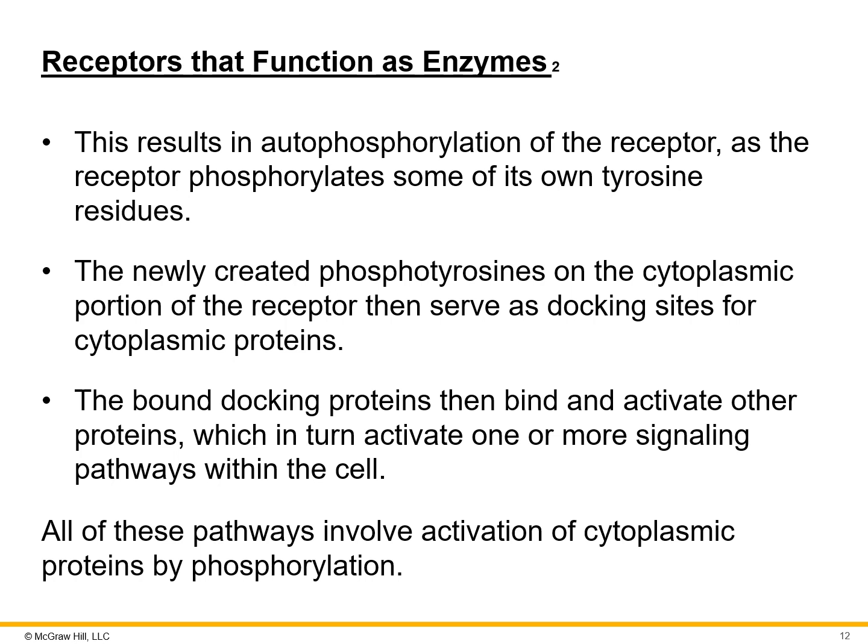Okay, so this is where that second messenger thing comes in with some of these water-soluble processes. The docking proteins then bind and activate other proteins, which in turn activate one or more signaling pathways within the cell. All the pathways involve activation of cytoplasmic proteins that are started by adding that phosphate.